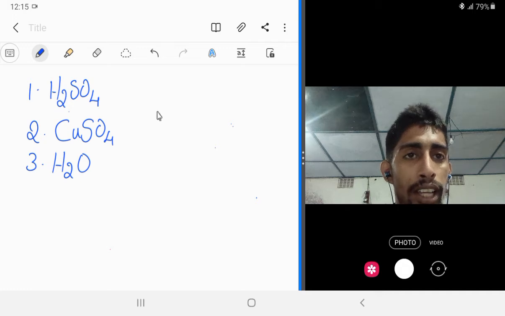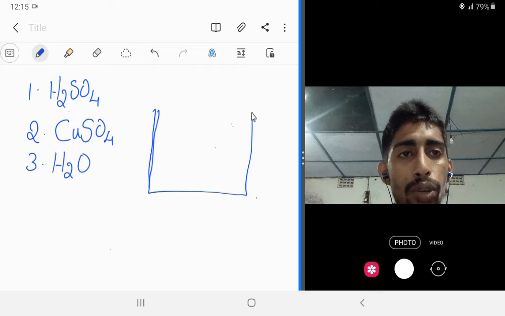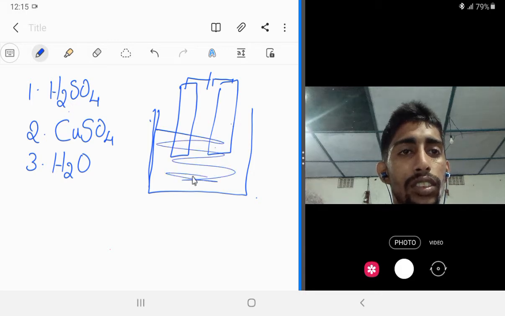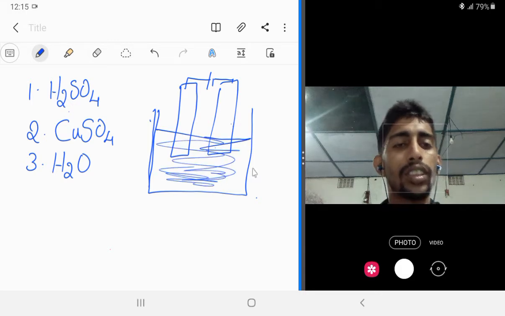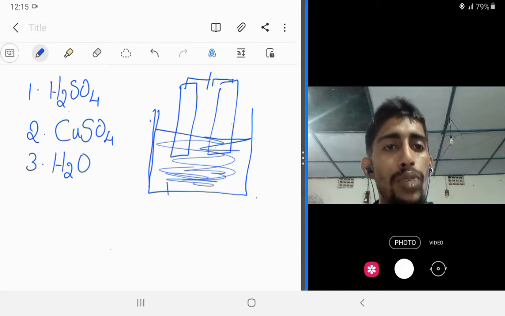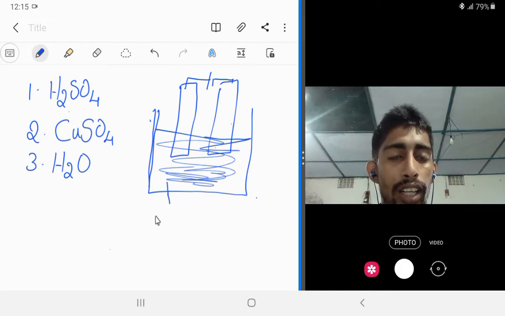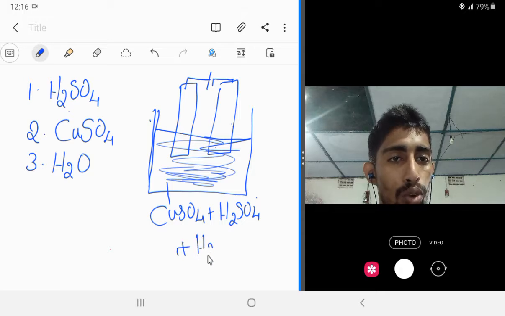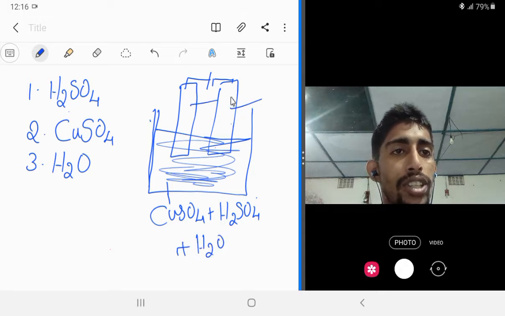So just check the diagram. The electrolyte is made up of copper sulfate plus H2SO4 plus H2O.